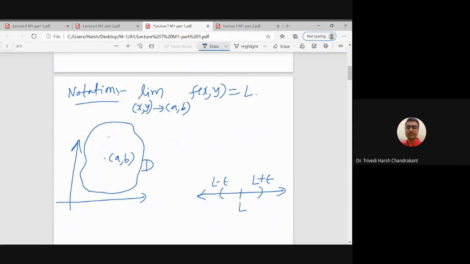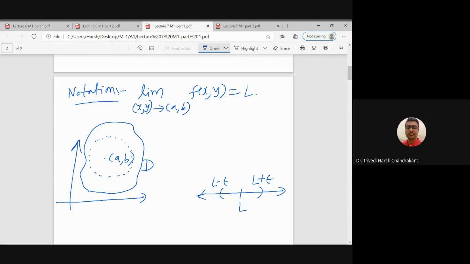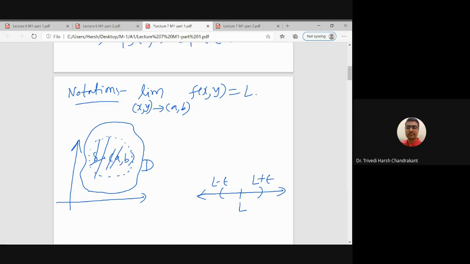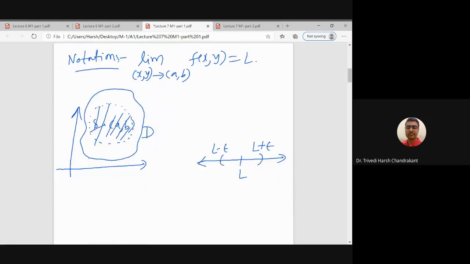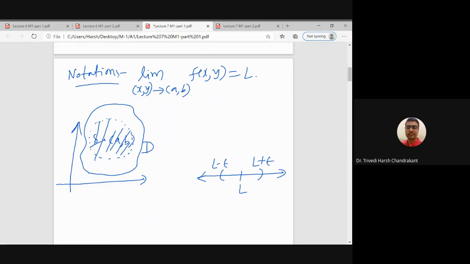So we have to find a delta around it. Delta will be the radius of the circle, centered at (a, b), and we take all the points inside this circle. That is basically this condition, excluding (a, b). Whenever we take all these points and apply the function, the value of the function will lie between L minus epsilon and L plus epsilon.